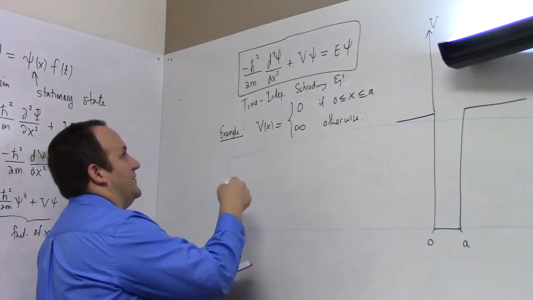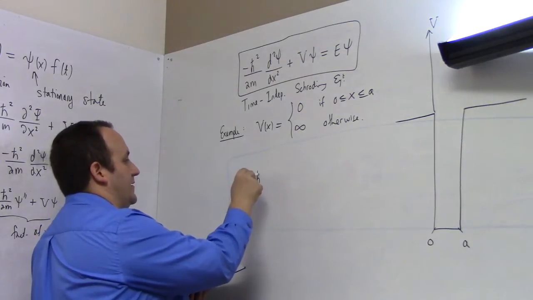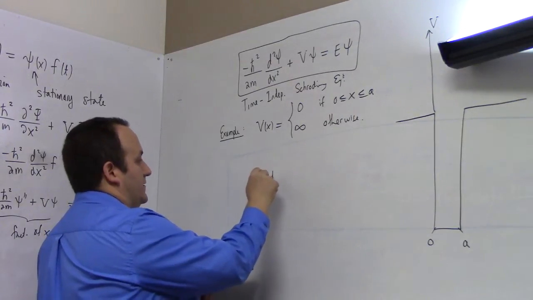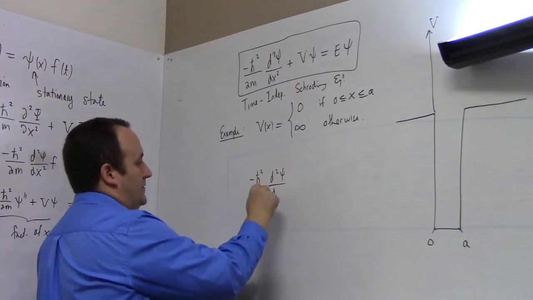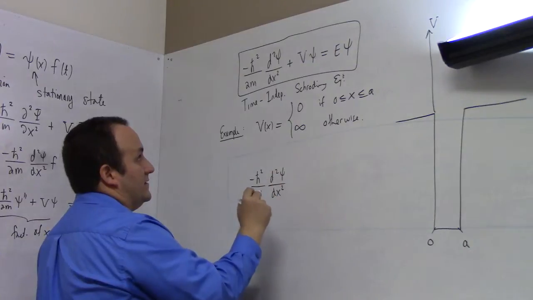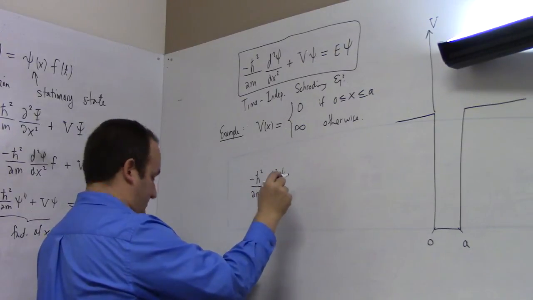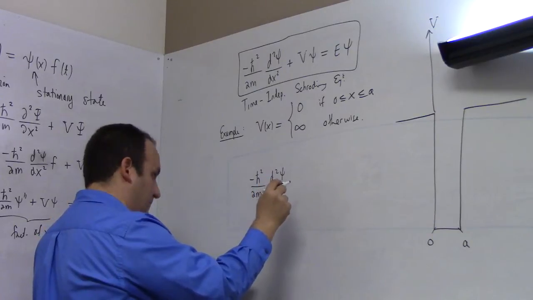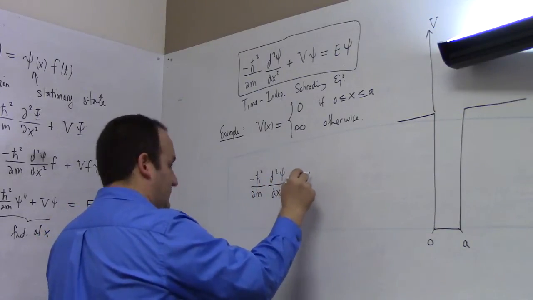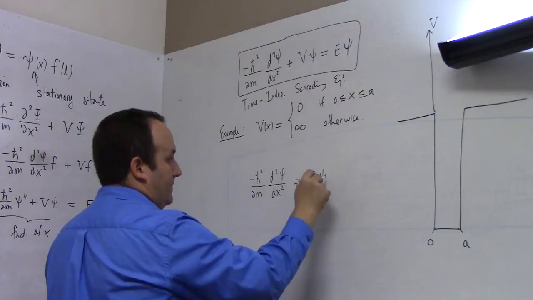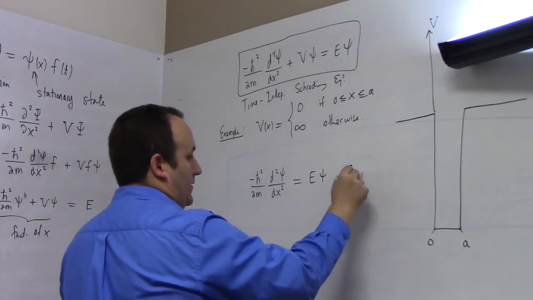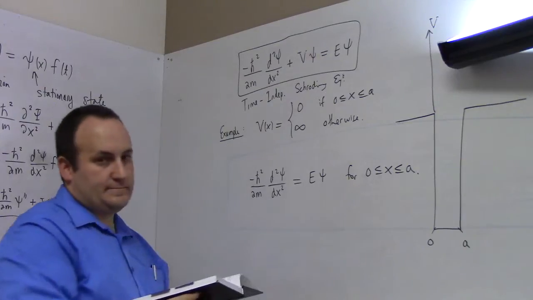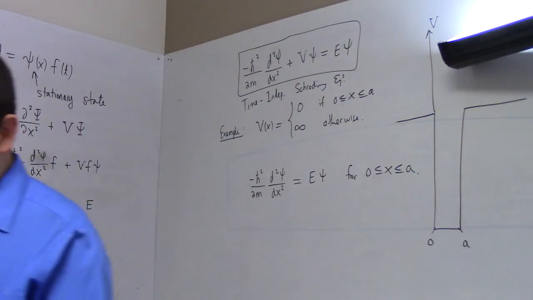Okay. All right, so we have to solve this differential equation, right? We've got minus h bar squared over 2m d squared psi dx squared equals E psi. This is for 0 less than or equal to x less than or equal to a.